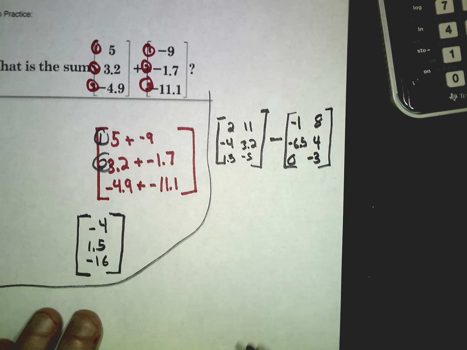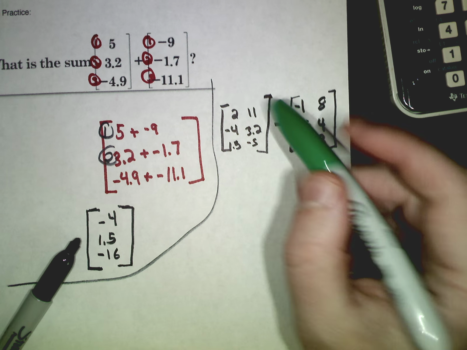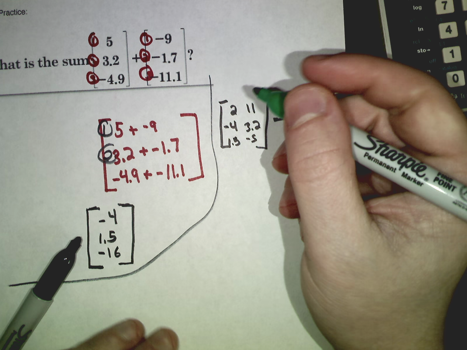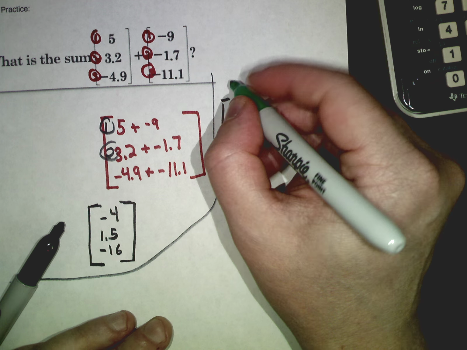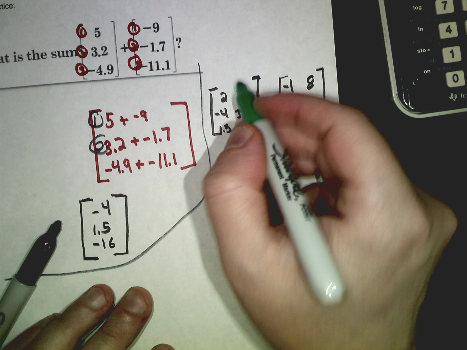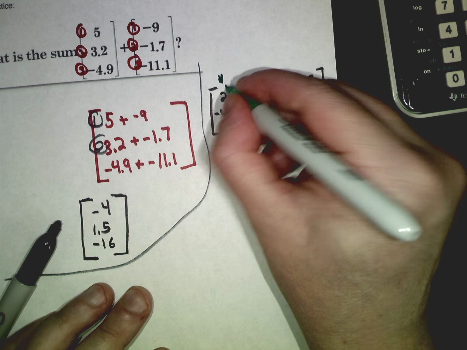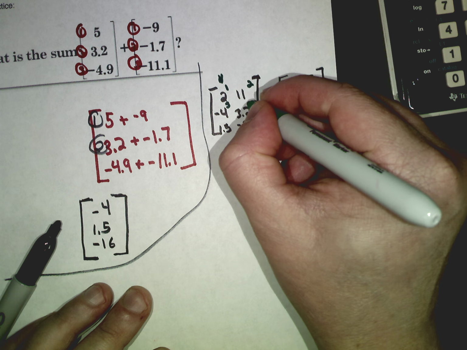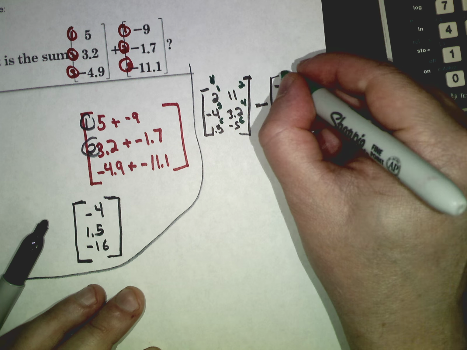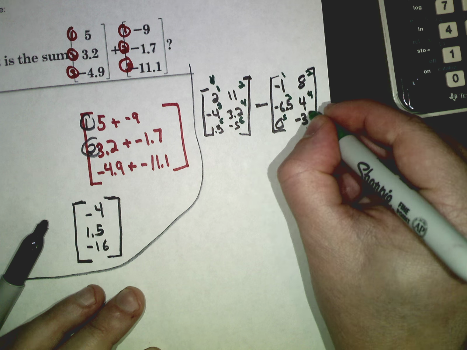Okay. Same idea. This time I have a 2 by 3 matrix. And all I have to do is, in my mind, give every one of these positions a number. You can go this way or this way. It doesn't matter. For this one, I'm going to go across. So I'm just going to say, this is 1, this is 2, this is 3, this is 4, this is 5, and this is 6. And I'll number these in the same way. 1, 2, 3, 4, 5, 6.